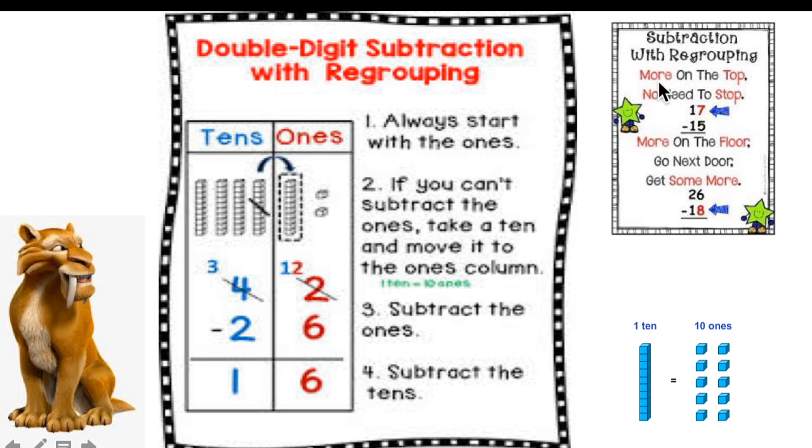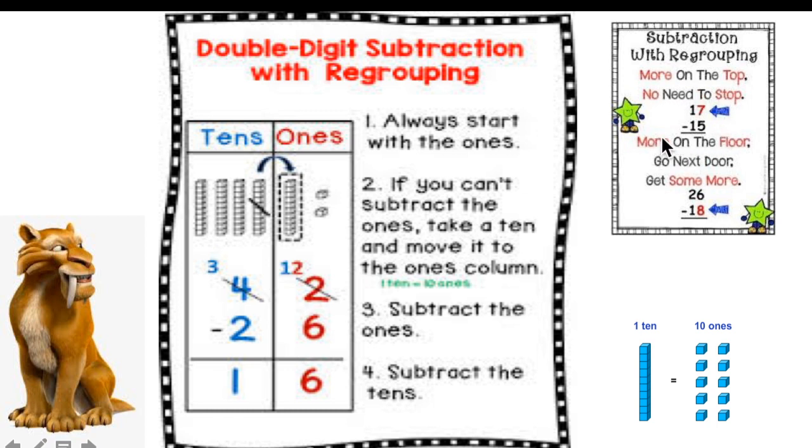Subtraction with regrouping. More on the top, no need to stop. If the number on the top is greater, if it's more than the one at the bottom, then there is no need to stop.